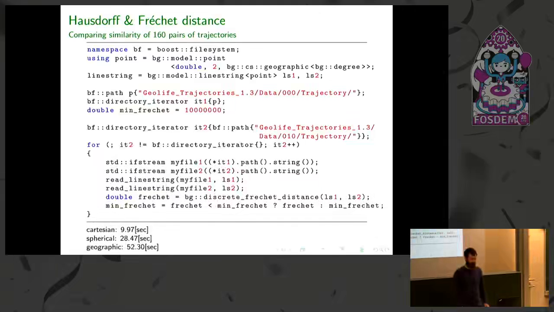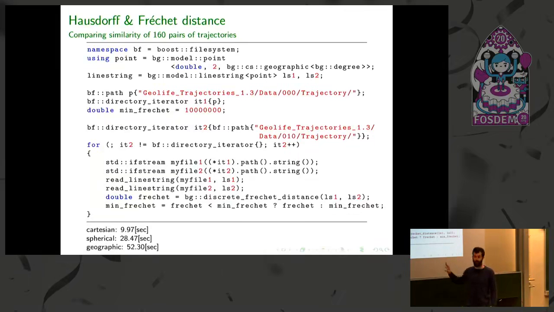Okay, and this is the last example. This dataset is huge and you can do many computations, but as a proof of concept I only do a few of them. Here I took one trajectory from one dataset and compared it against 160 trajectories. The interesting part I found is that I can use either Cartesian, spherical or geographic coordinate systems.